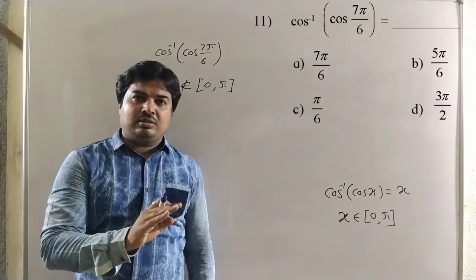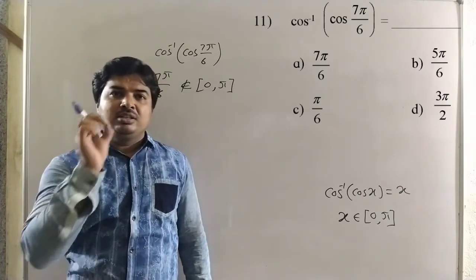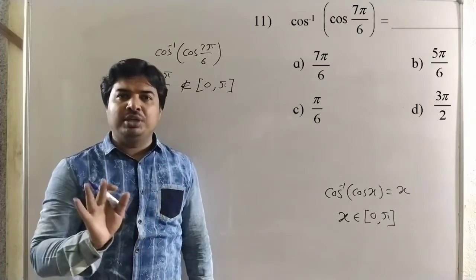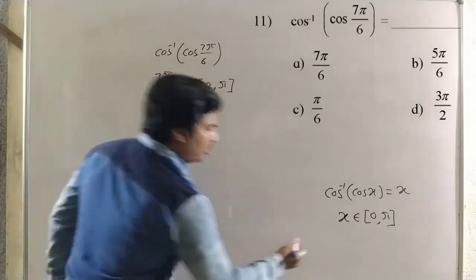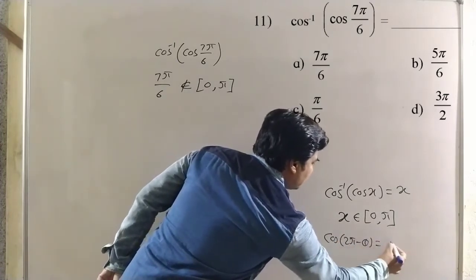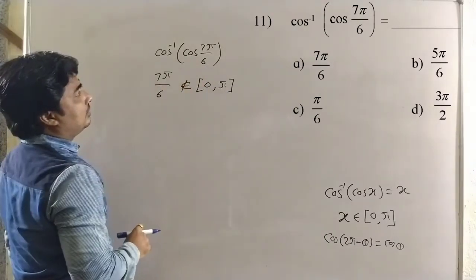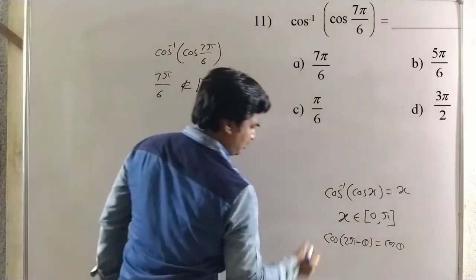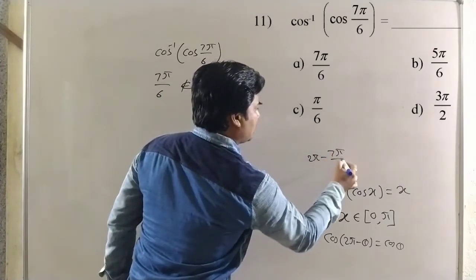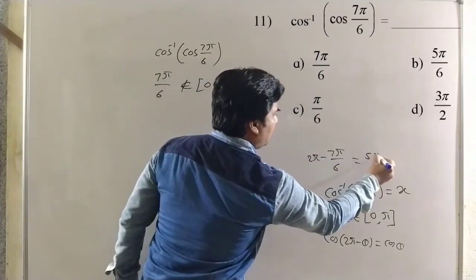Cos theta is positive in the first quadrant and the fourth quadrant. In the second and third, cos will be negative. Therefore we use the formula cos of 2 pi minus theta is equal to cos theta. Here the angle is 7 pi by 6, so we write 2 pi minus 7 pi by 6, and then 12 minus 7, it is 5 pi by 6.